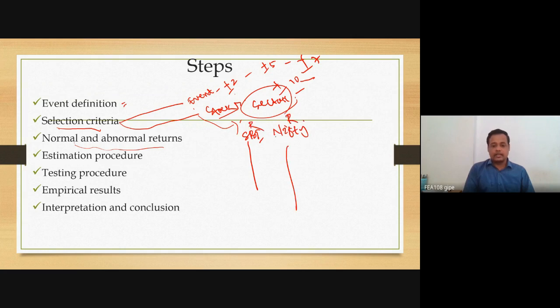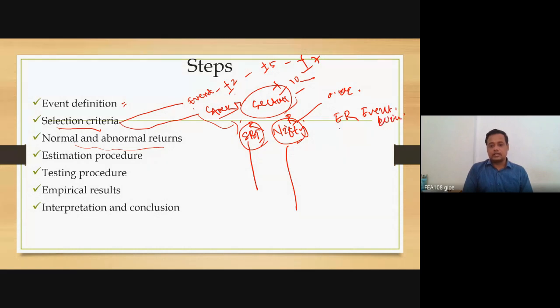Now if I regress SBI on Nifty, I will come out with one beta value, say 0.02 or 0.20. Then I can use these two to get the expected return for the event window.